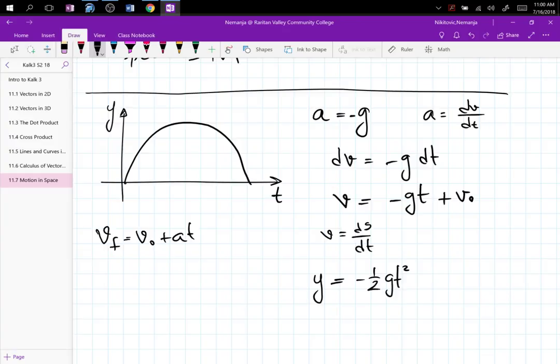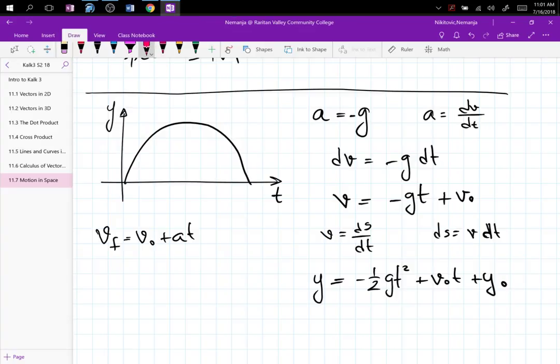So let me just write here the differential equation. This would be ds is equal to velocity dt, and then you integrate both sides. So that's a differential equation. You make it into separate variables, right? And then you just do this. So now negative 1/2 gt squared plus v0 t plus some y0, the initial height.